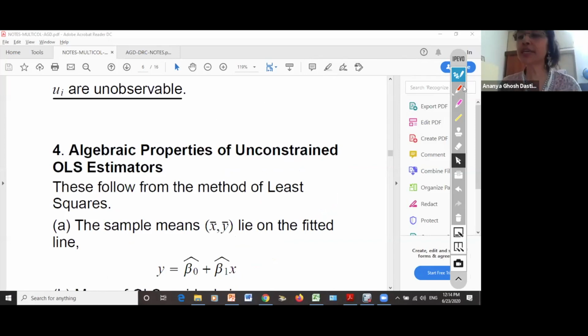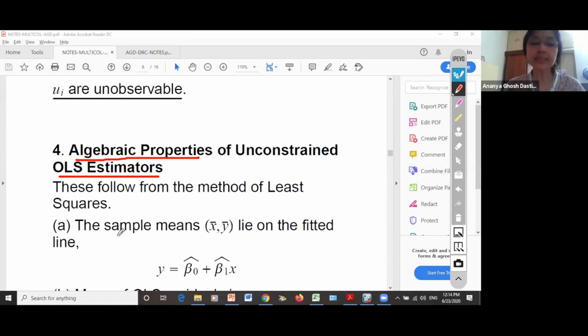So I'll just take you quickly through those. The algebraic properties of our estimators. Again, remember, the estimators are those equations: alpha hat equal to y bar minus beta hat x bar, and beta hat equal to covariance of x and y upon variance of x. Those are the estimators.